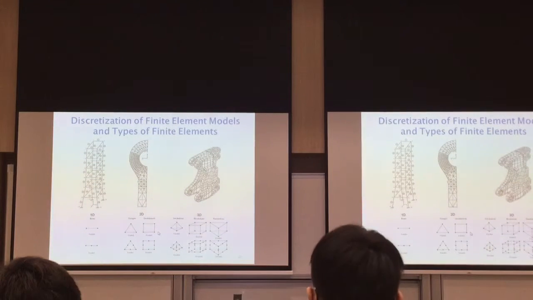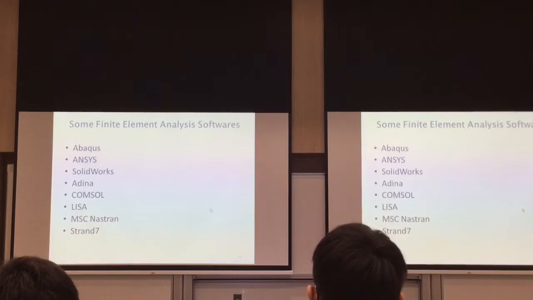You already have experience working on 1D as well as how we derive the stiffness matrix. We're going to do that for 2D. For 3D, you have an opportunity to do a bit of this work in your second project, just a very simple 3D beam element. Again, there are so many finite element software packages out there.